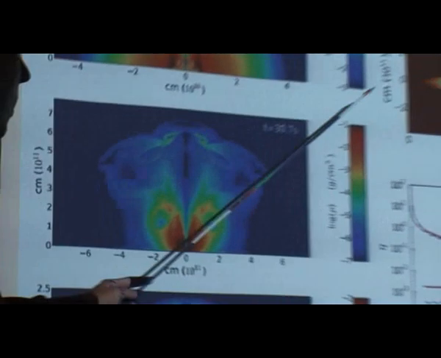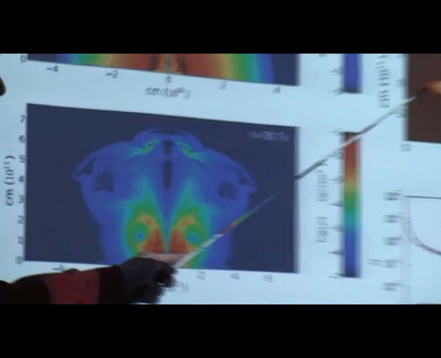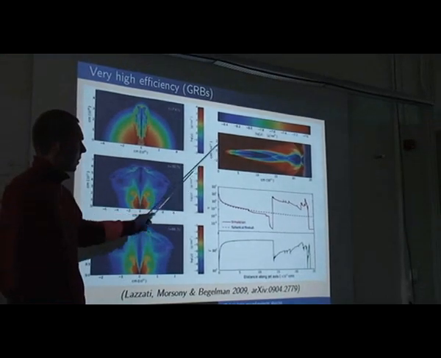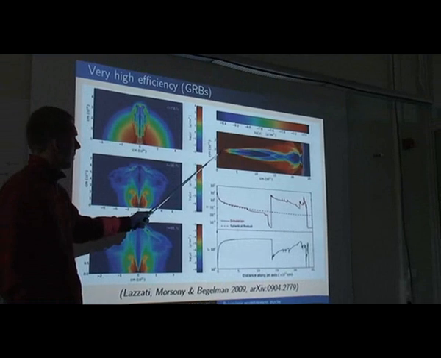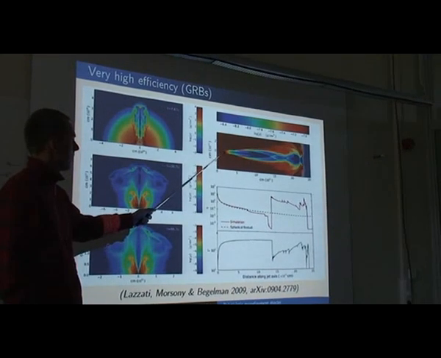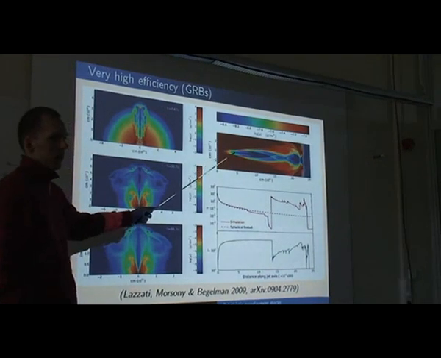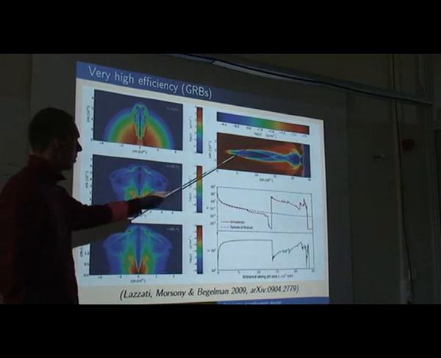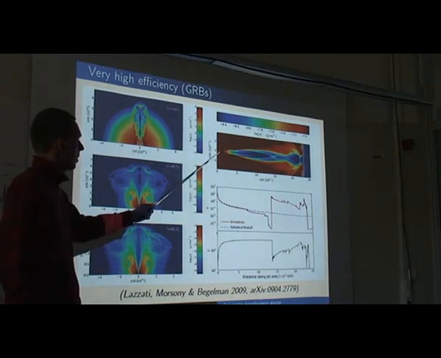Yes, there is a big question: is the injection of matter here from the initial central engine variable? There are a lot of effects that would change this picture very much.